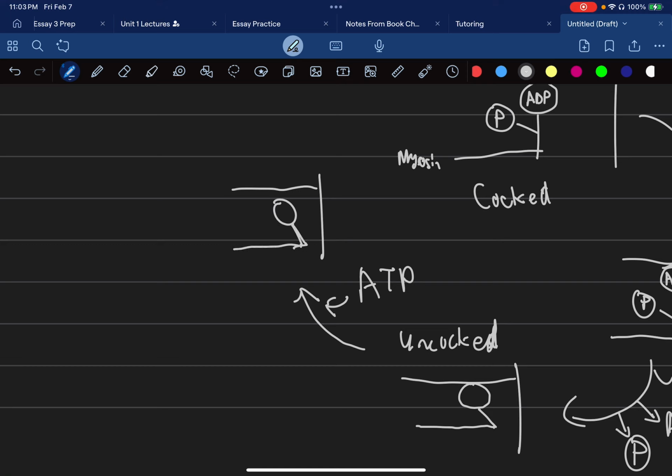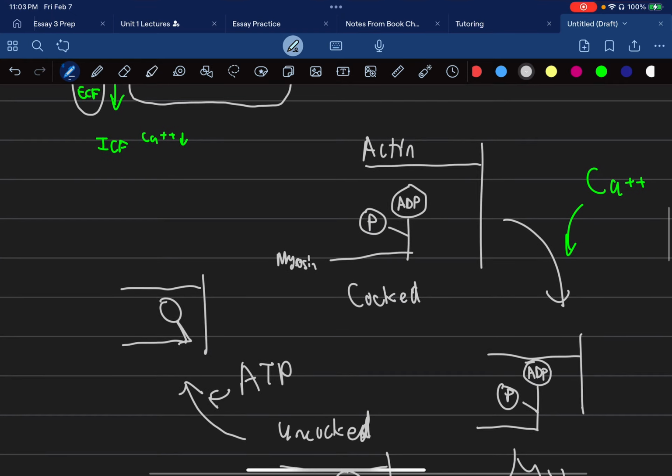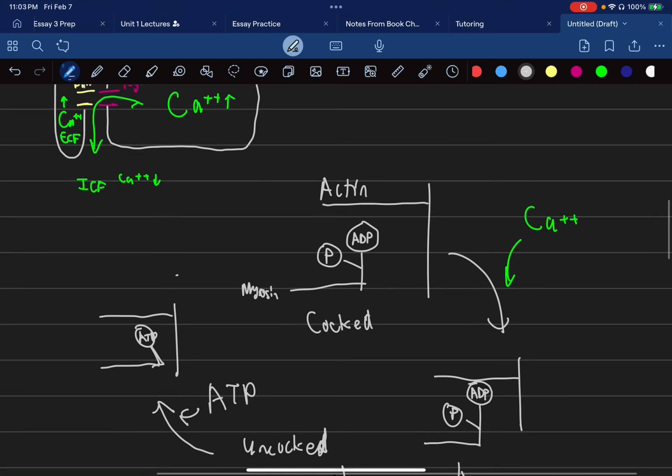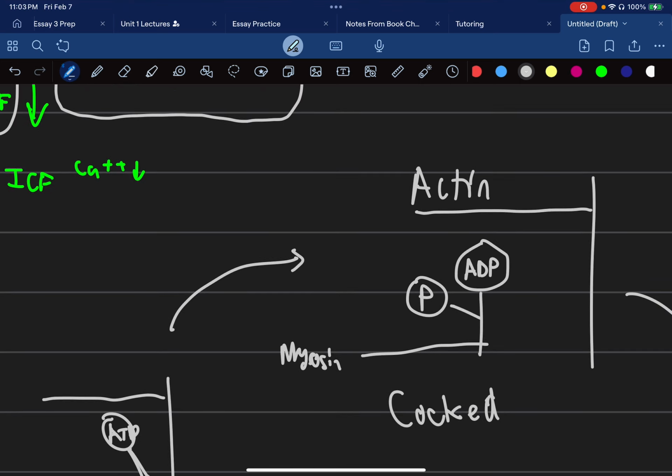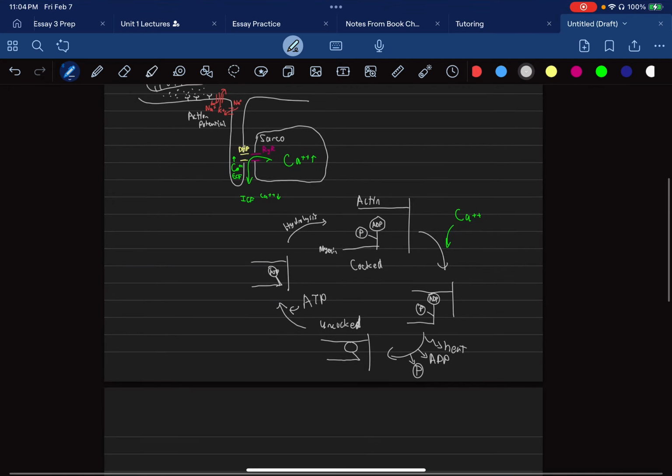It's going to stay cocked. And it now has this ATP. And then to restart it all, we have hydrolysis. So the ATP is going to become an ADP, and that extra phosphate is going to be put in the position. So we're going to recock our myosin.